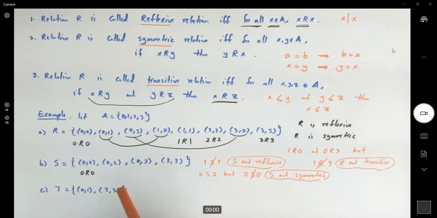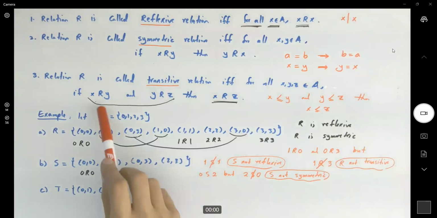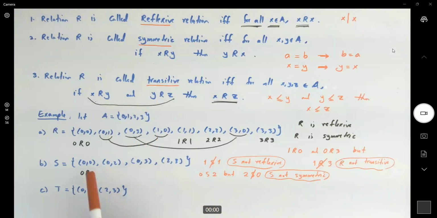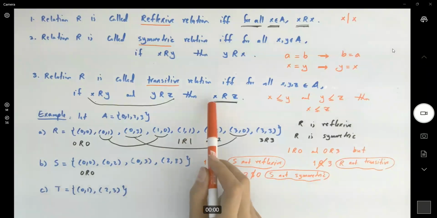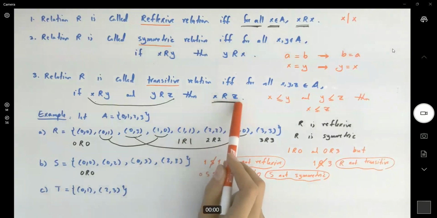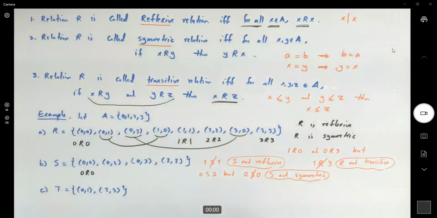Okay, do I have anything else? 0 is related to 2, 2 is related to 3, 0 is related to 3, which is just right here. I don't have anything else. I need 2 pairs. And for those pairs in this set, the very first element and the last element are connected. So S is transitive.